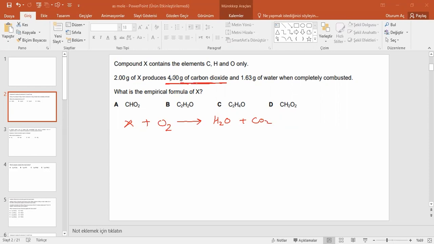Guys, in 4 grams, how many moles of CO2? So we divide mass of CO2 over molar mass. CO2 molar mass is 44. Carbon is 12 plus oxygen 16 times 2, 44. So it is 4 over 44, right?